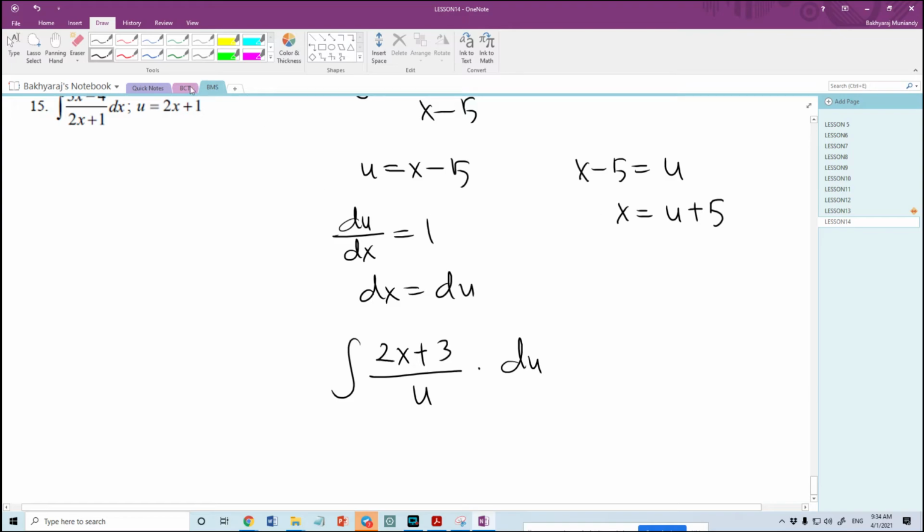Take this x value and substitute it here, because now you need to change everything in terms of u. So you substitute x back so that the x is no more there. Then it will give you the integral of (2 times (u plus 5) plus 3) divided by u du.